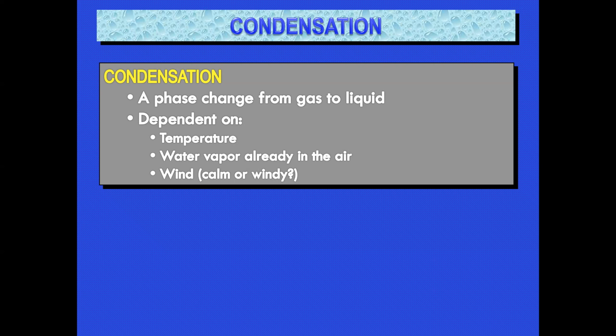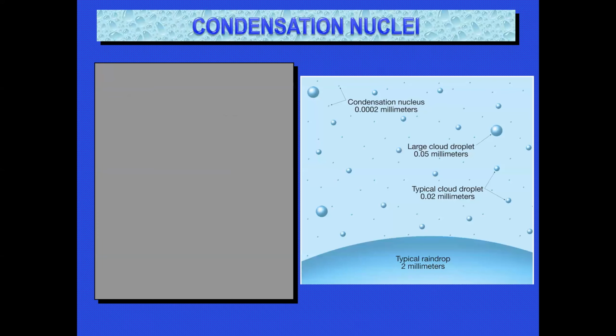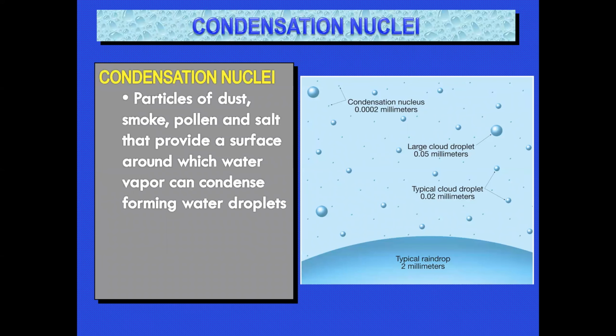Then you open your can and you go, ugh, this isn't cold anymore. That's because latent heat of condensation helped to warm your liquid up. Condensation nuclei, this exists. In fact, every time you breathe, you take in a few of them.